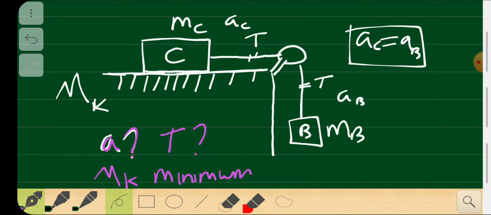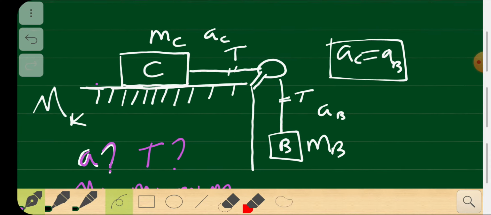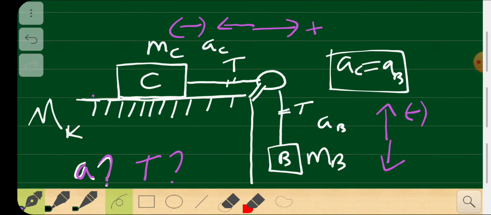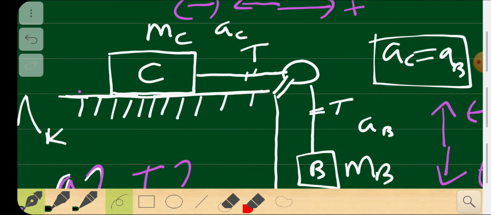For that, first of all I'm going to define the sign convention. That's the most important part. We need to know which side is which. I'm going to take what goes to the right as positive and what goes to the left as negative. Now what goes up is taken as negative, and what goes down is taken as positive. Why? Because this cart is going to move in this direction. If it moves, then we have taken the right direction as positive.